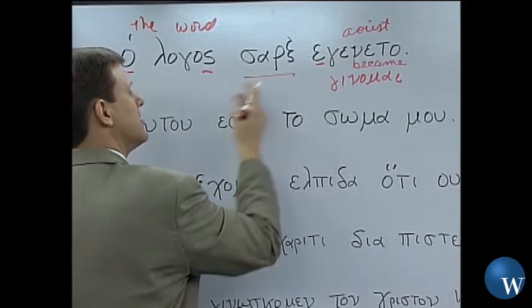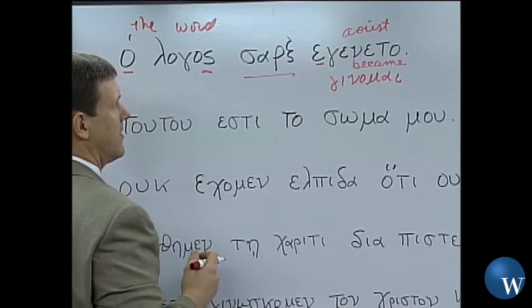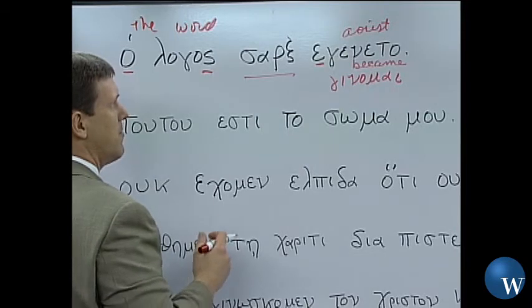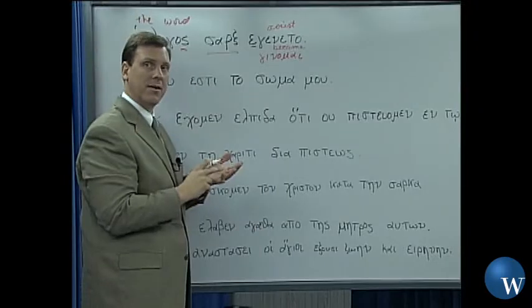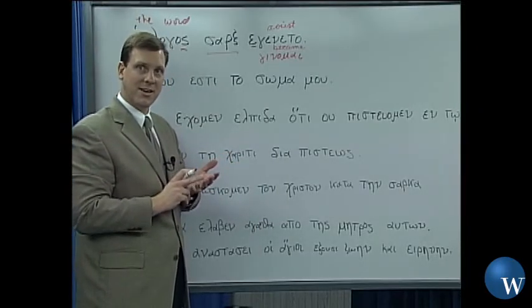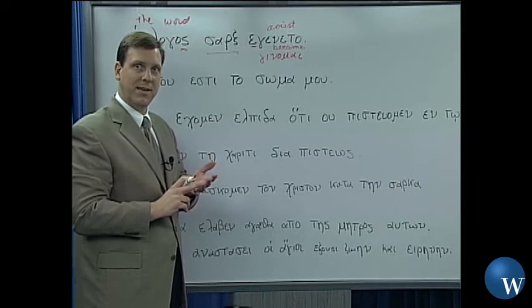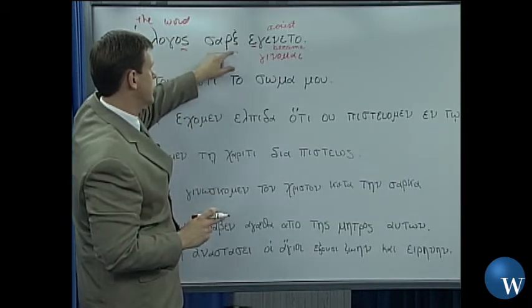Now what do we do with this? All right, it's the word sarx, and if we had worked on remembering that sarx is the nominative case ending, and if you in your vocabulary had worked on those words and remembered sarx, and then sarkos is the genitive form, we would have known that's nominative case.